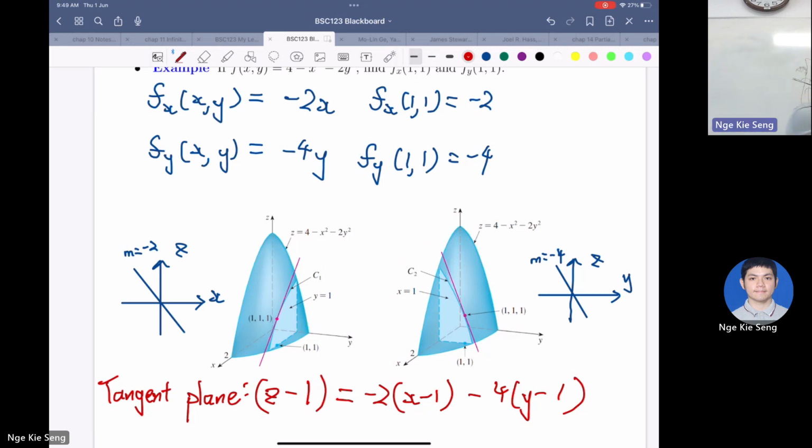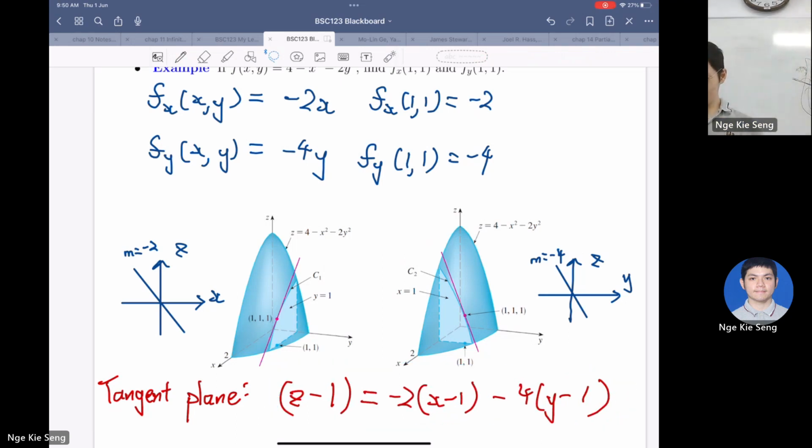What's the plane equation? We need to have the point and the normal vector. So my claim is that fx, fy become the normal vector with the z coefficient being 1. This is my claim. I claim first, next time I show you why it's true.